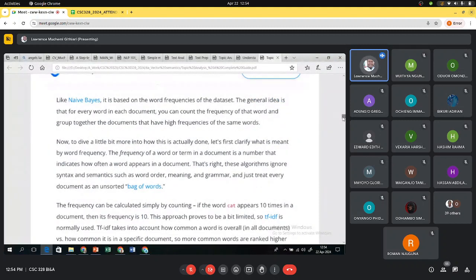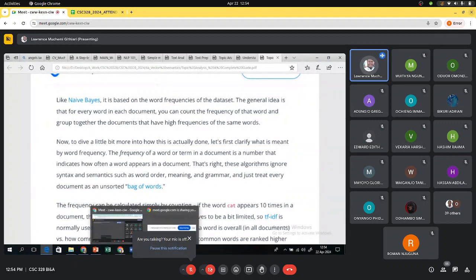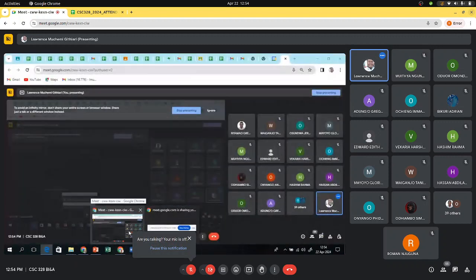Now, are you guys familiar with naive Bayes? Anyone familiar with naive Bayes? Maybe not.